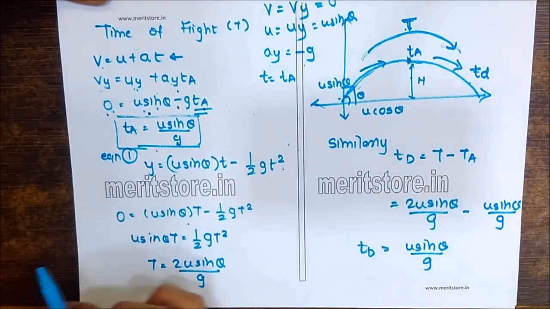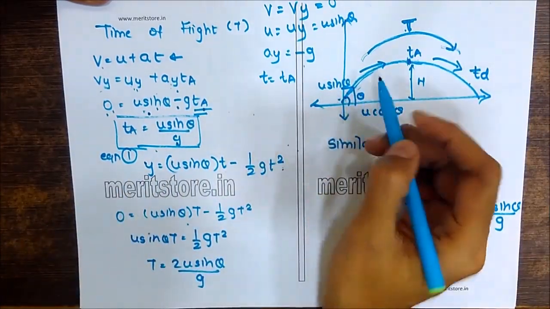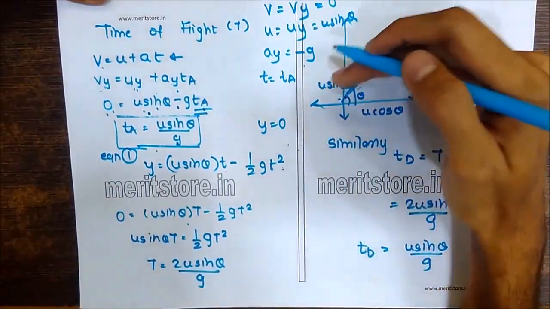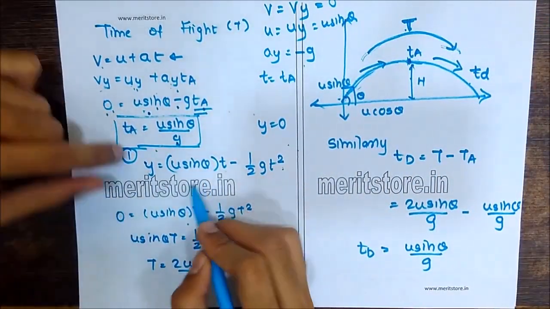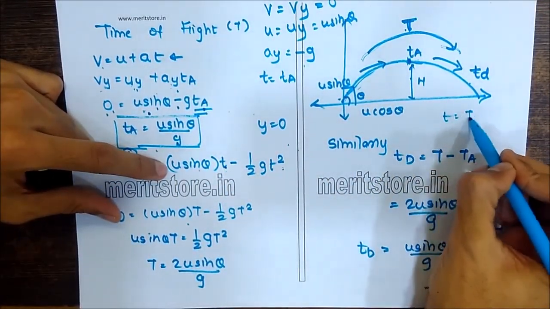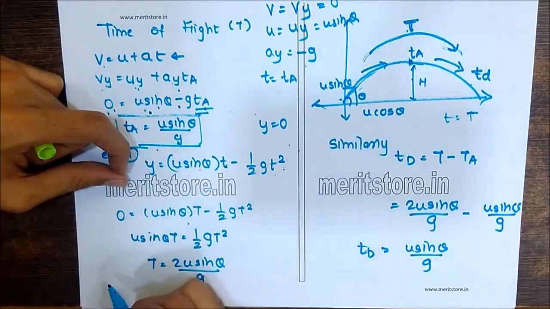Again, here we need to find the total time T. For the total time along the y-axis, y becomes equal to 0.